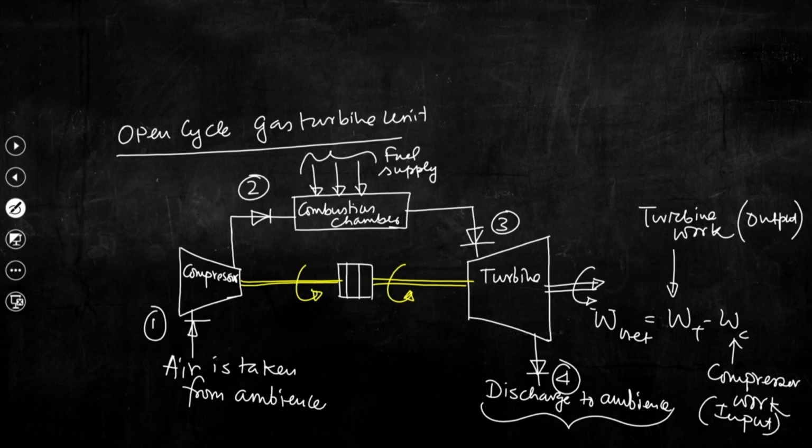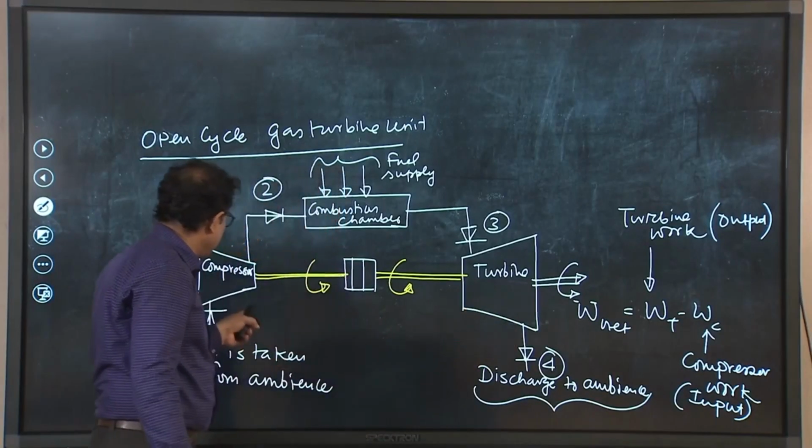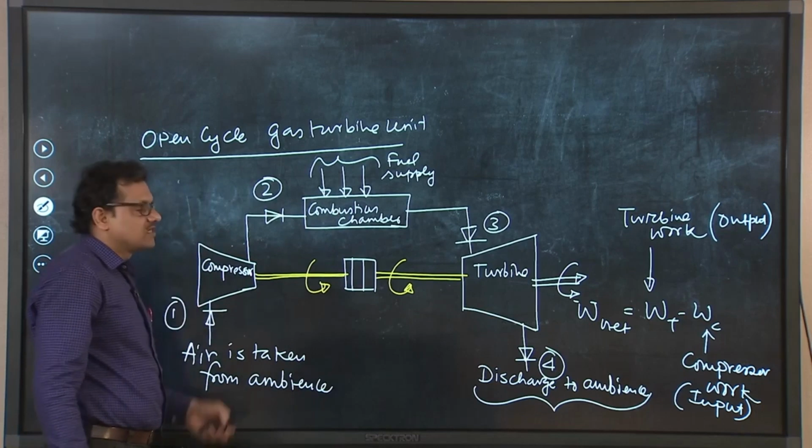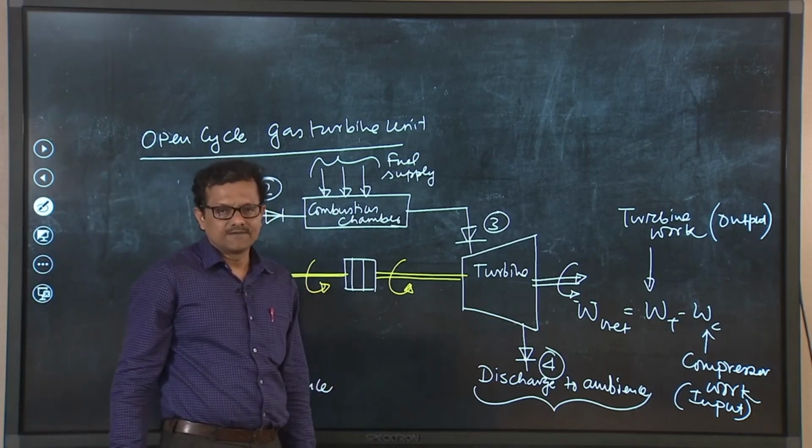This is called open cycle because the working fluid is not further taken back to this compressor. Had we tried to recycle back this discharge, that is the working fluid that comes out from the turbine, into this compressor, then the cycle would be the closed cycle gas turbine unit.